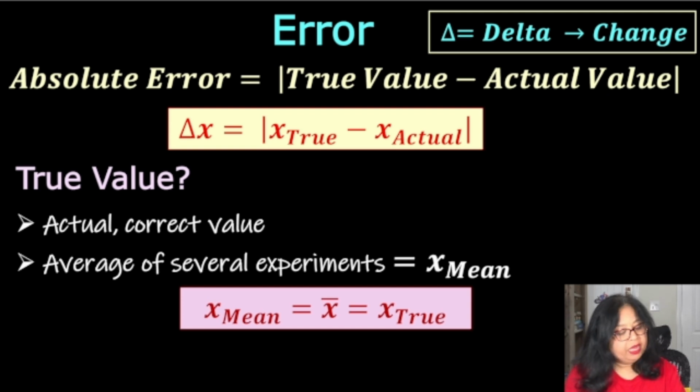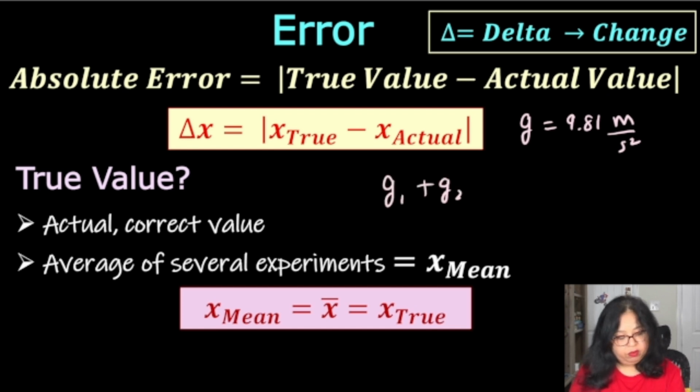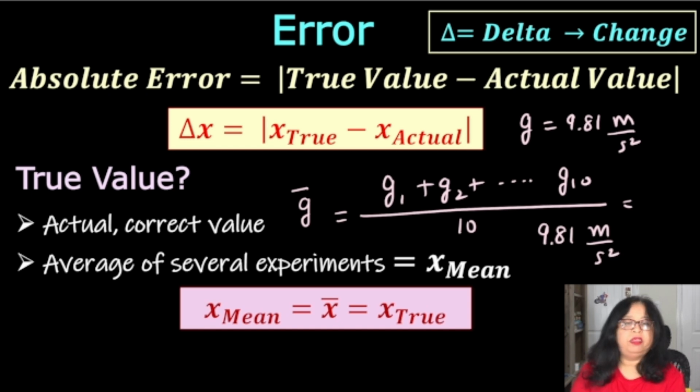So whenever the value of g was first established to be 9.81 meters per second square, some very precise experiments were performed, and whatever values of g they gave, let's say they gave 10 values of g, the average of these 10 values was taken, and it came out to be equal to 9.81 meters per second square. Okay?